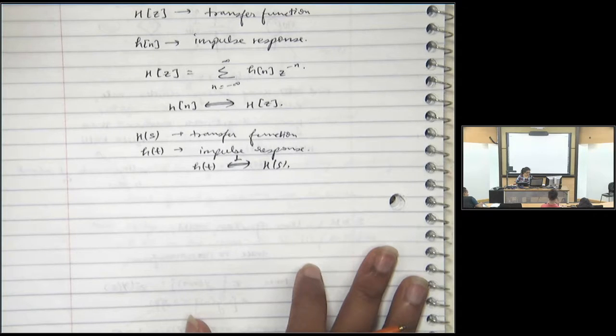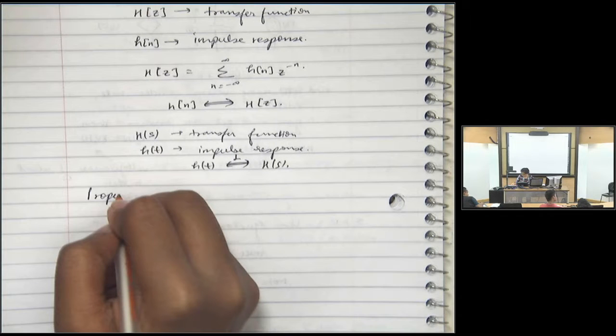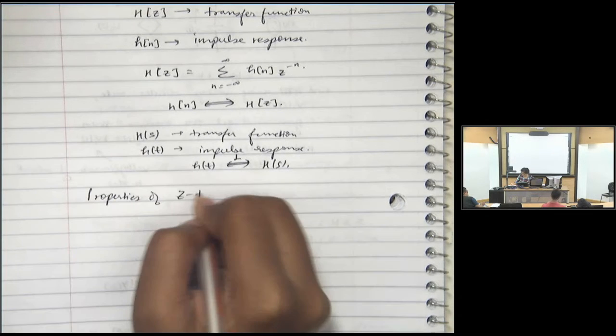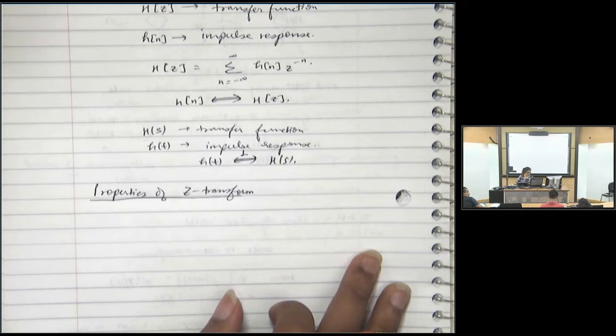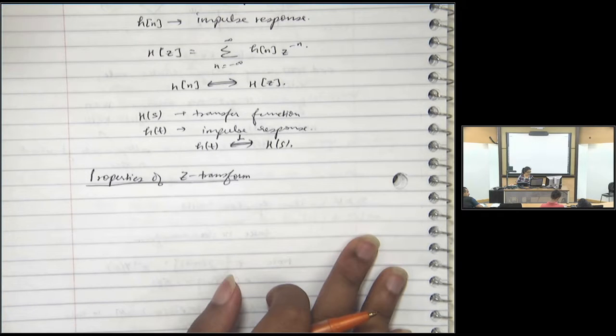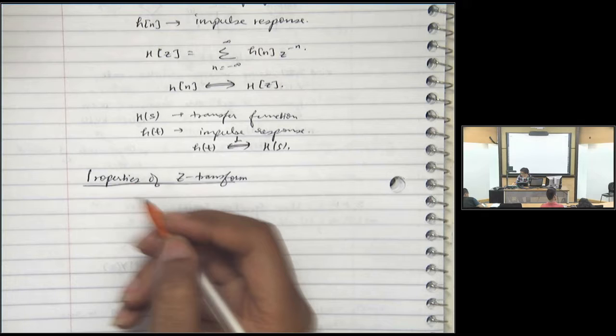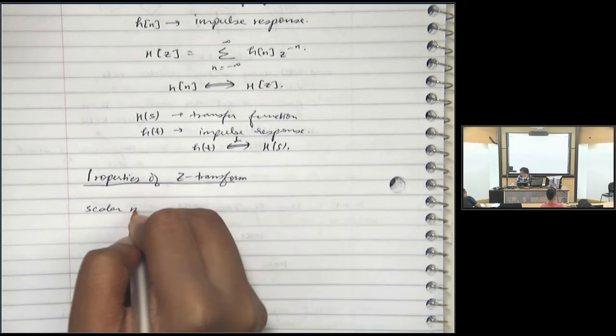Next, I'll cover some of the important properties of the Z transform. There is the standard scalar multiplication property.